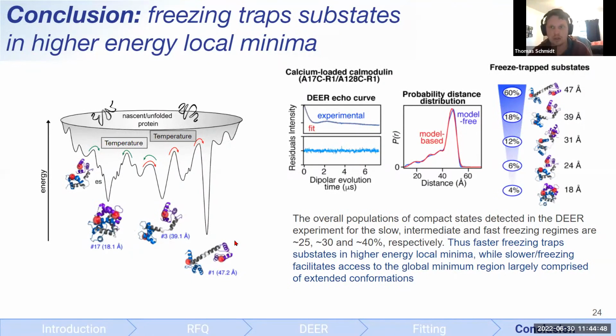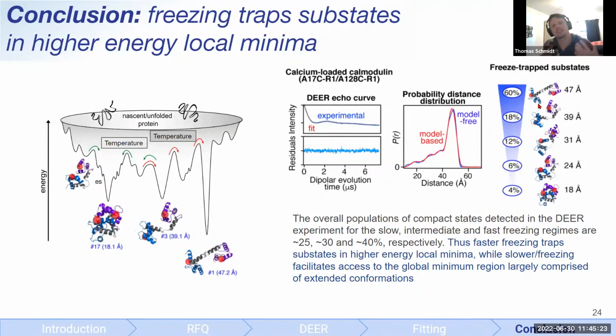For that reason, we used different freezing methods, where the fastest one is a freeze quench that will capture the substates shown in the distances. And we can back-calculate the time domain as well as the distances, based on an underlying distance library arising from MD calculation clusters. And this is shown here.